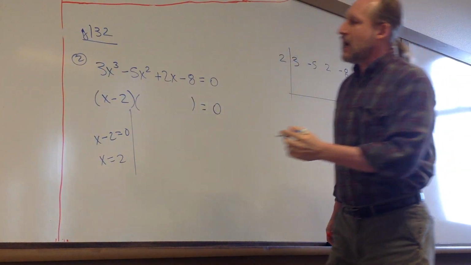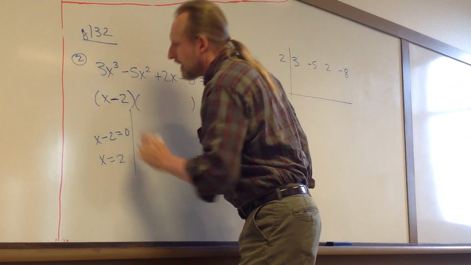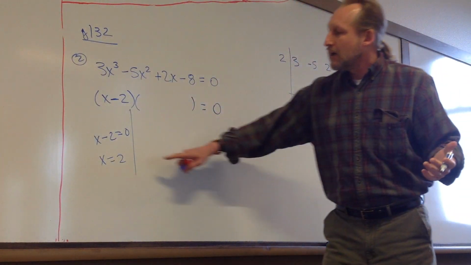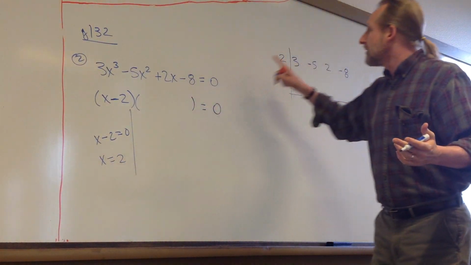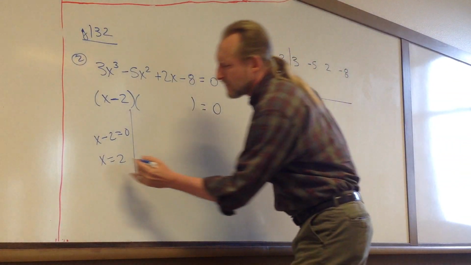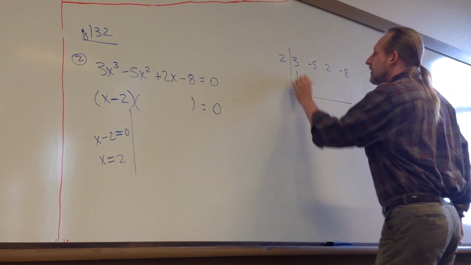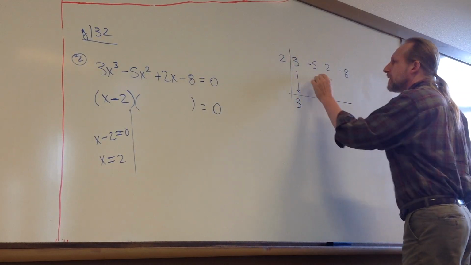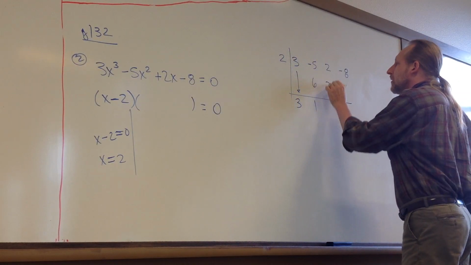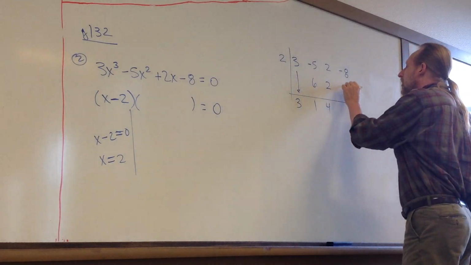And notice that the sign in the factor is always the opposite of the sign for the root and the number that we use in the synthetic division. All right, so let's see here. 3 comes straight down. That'll be 6, 1, 4, 8.